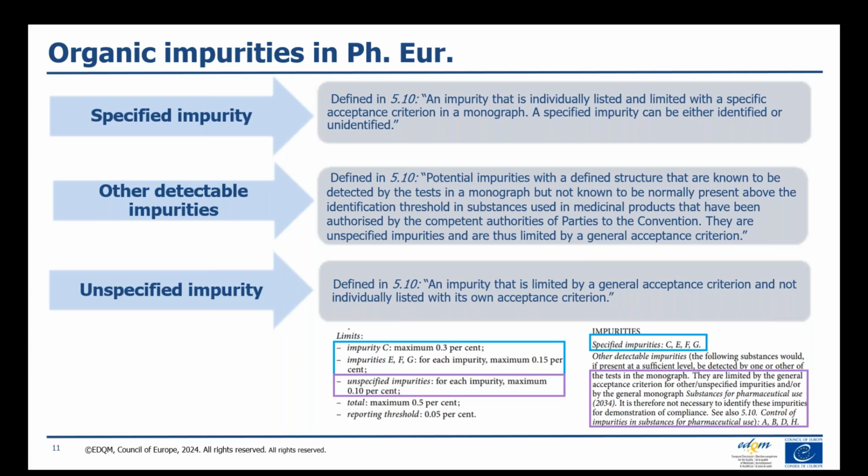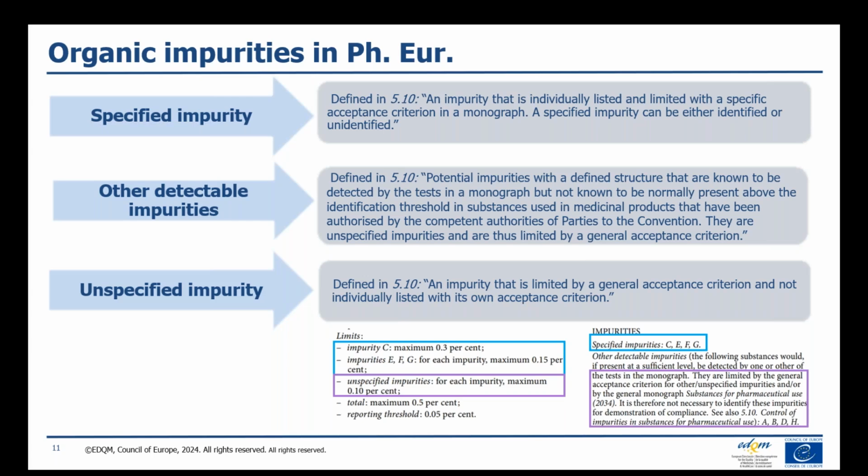And a specified impurity can be either identified or unidentified. For example, here in the raltegravir monograph, you can see that impurities C, E, F, and G are specified impurities because they have a specific limit. For example, for impurity C, a limit of maximum 0.3%, and for the others, maximum 0.15%.